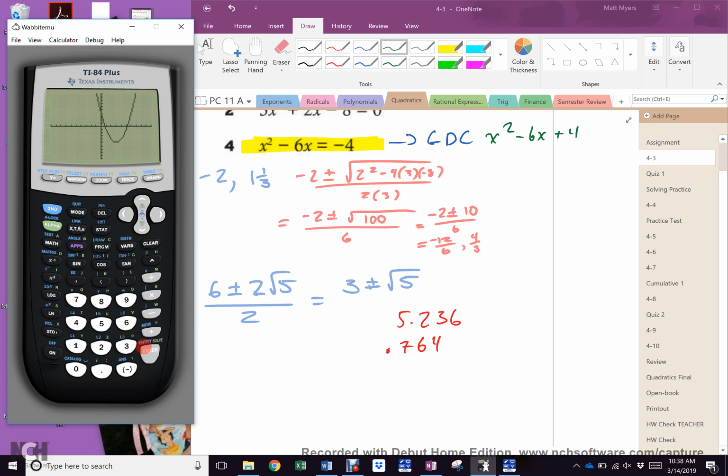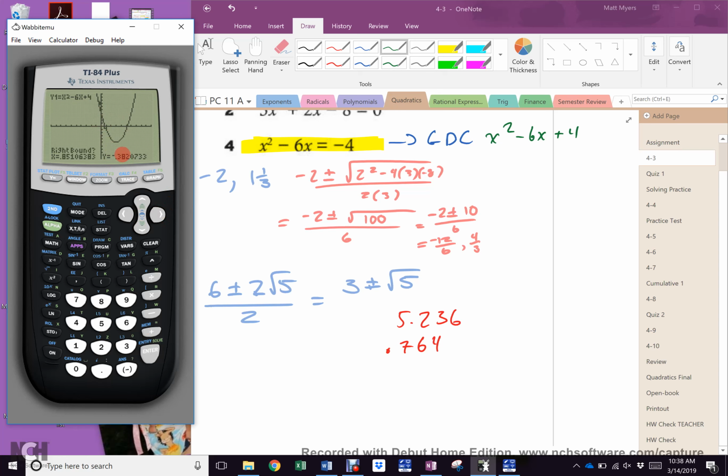Okay, I want my zeros. Second, calc, 0. Am I to the left of that one right now? There's my flashing cursor. Am I left of it? Enter. Now I need to get to the right of it. How will I know when I'm to the right of it? What will happen to the y values? No, they're already positive. They will go negative because I've passed the x-axis. Are they negative now?